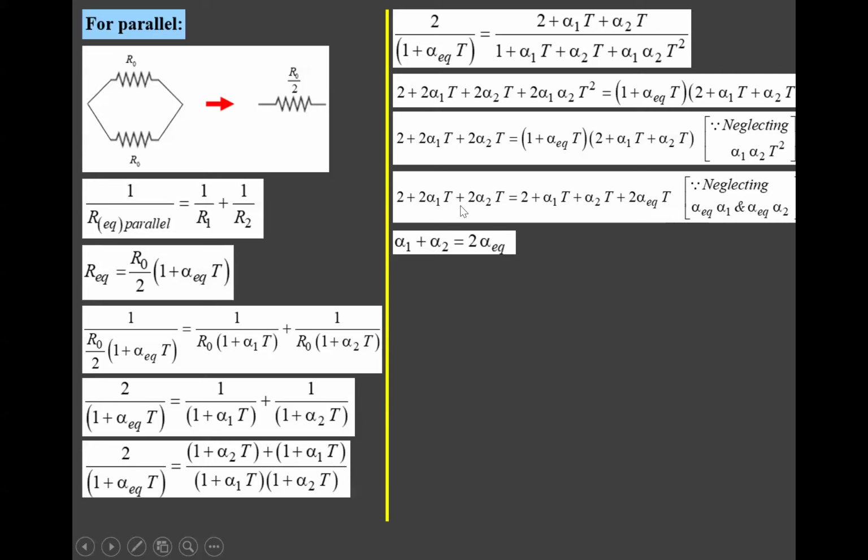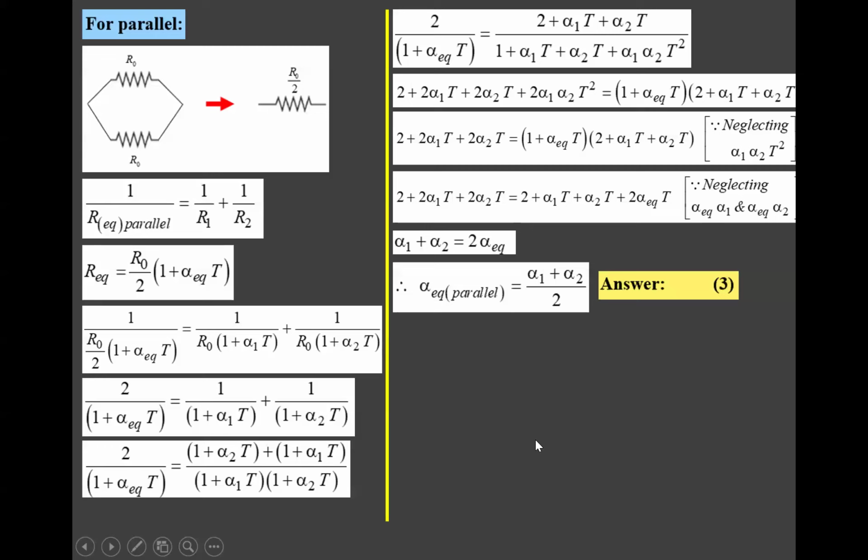Then 2 alpha 1 plus 2 alpha 2 equals alpha 1 plus alpha 2 plus 2 alpha equivalent. Taking alpha 1 and alpha 2 to one side, we can directly write alpha 1 plus alpha 2 equals 2 alpha equivalent. So the alpha equivalent for the parallel combination is (alpha 1 plus alpha 2) by 2. As per the given options, our answer is 3. Clear?